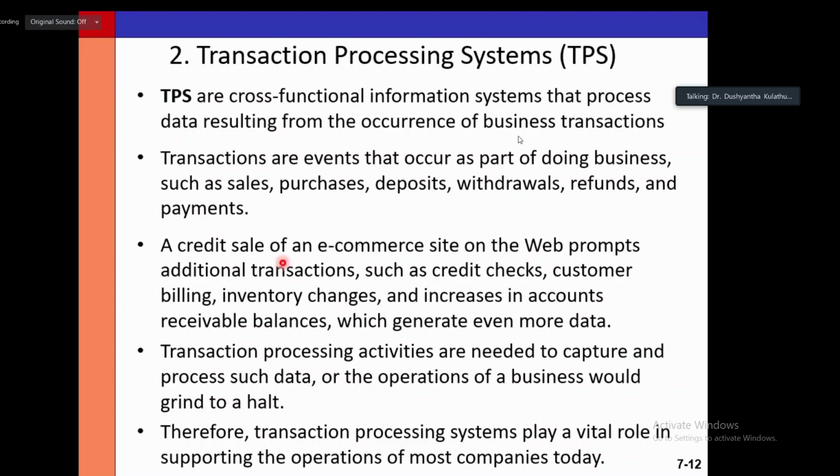An example is given here which will illustrate how a particular business transaction will be related to different functions. A credit sale of an e-commerce site on the web prompts additional transactions such as credit checks, customer billing, inventory changes, and increases in accounts receivable balances, which generate even more data.